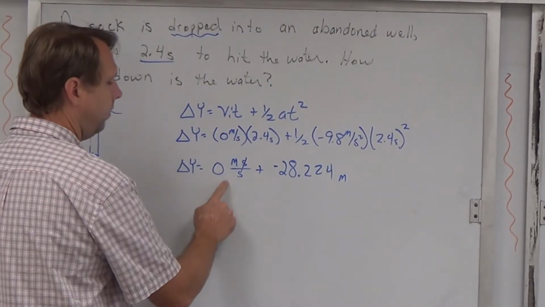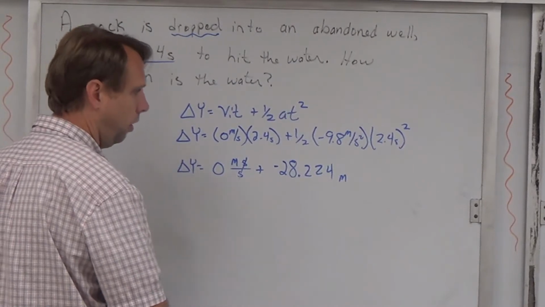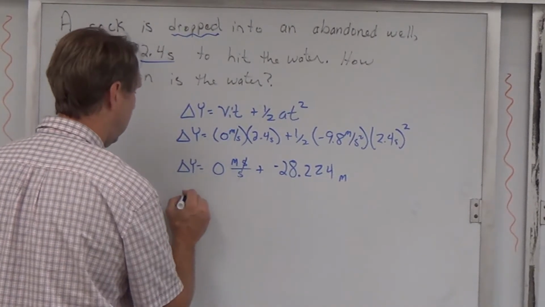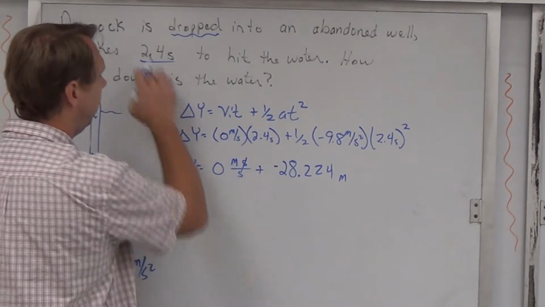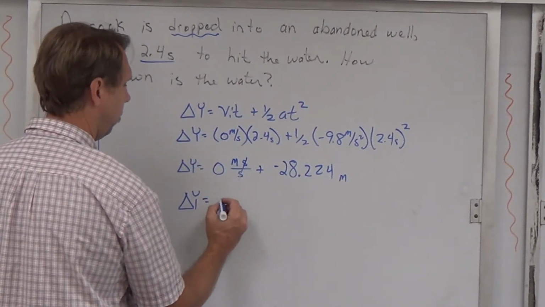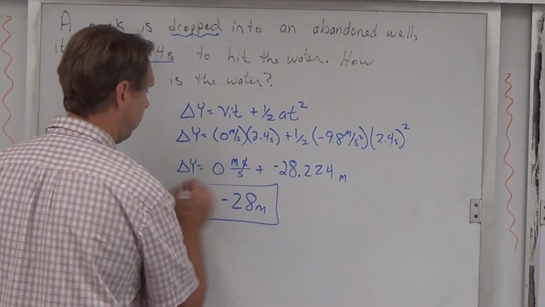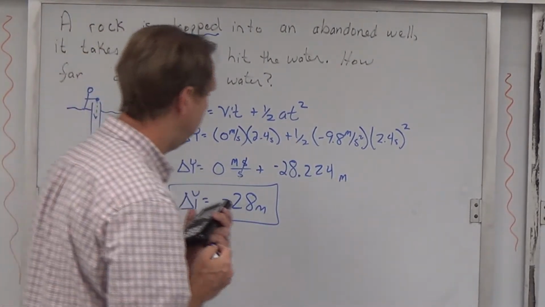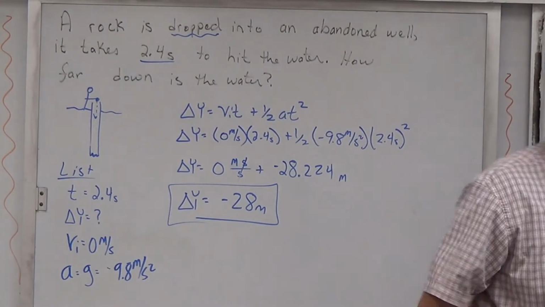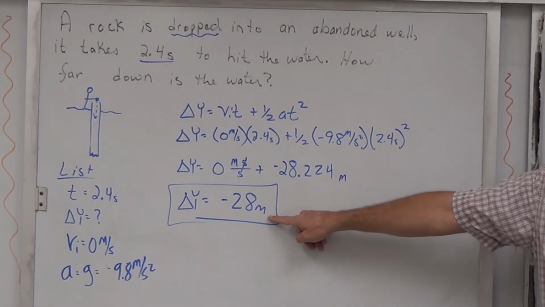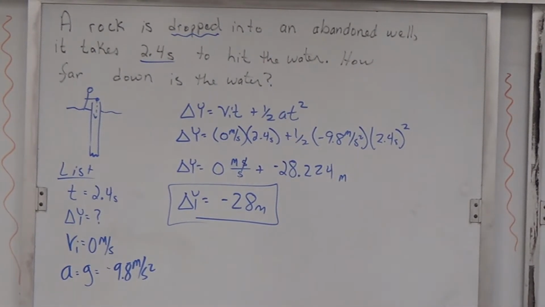So what happens when you add 0 to 28.224? You get 28.224. Again, our sig figs were just 2. And so I'm just going to write this as negative 28 meters. Notice I included the unit with my answer. Your answer has to have a unit with it.